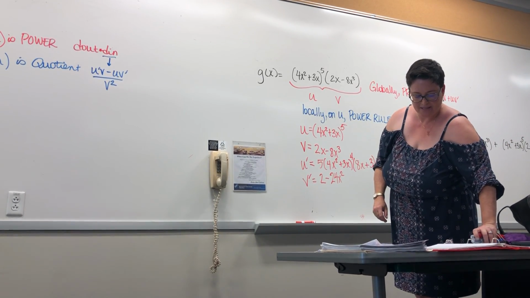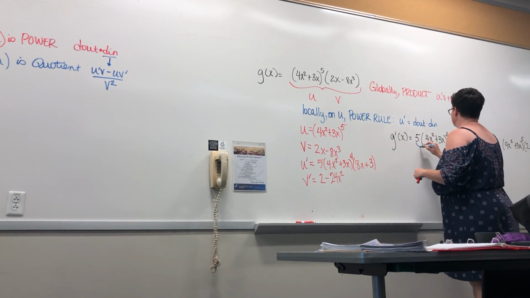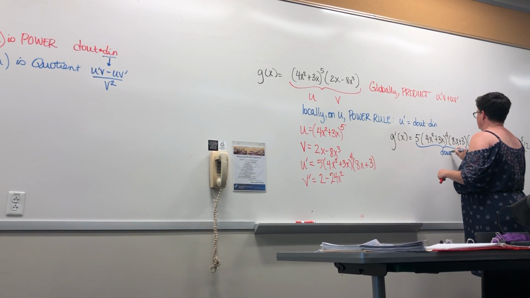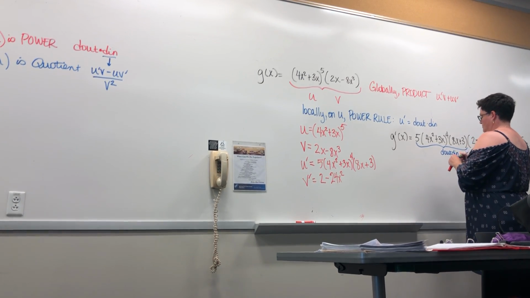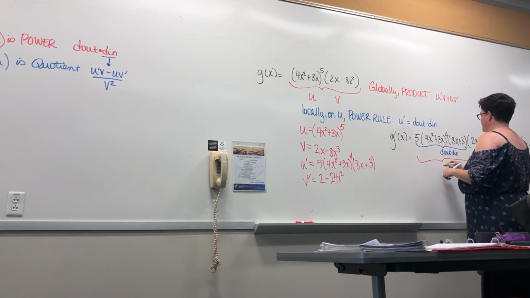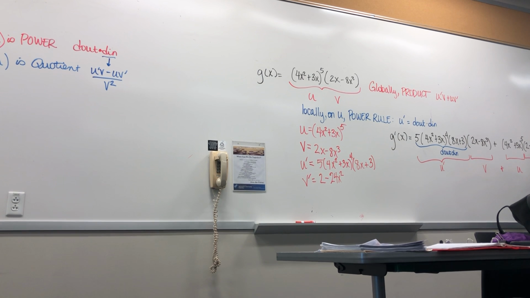So once again, let me label all my bits. Here's the derivative, that also happens to be U prime. Here's V plus U times V prime.